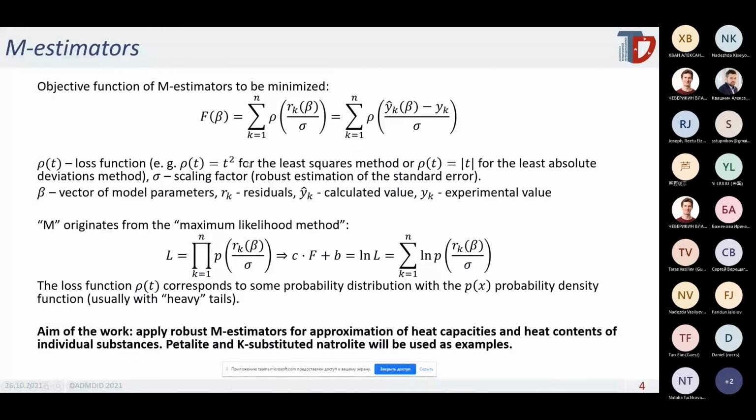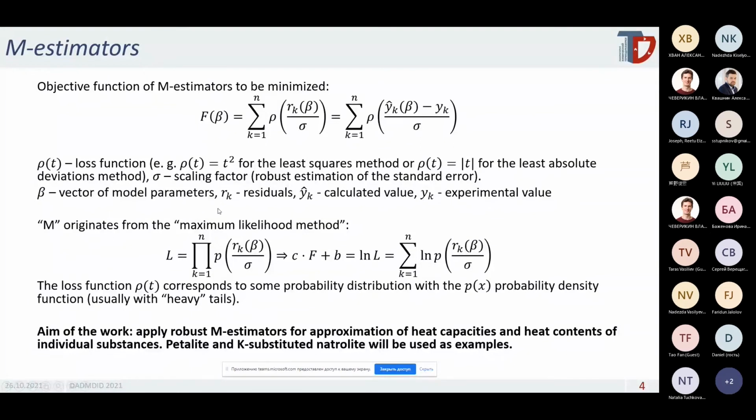Or we can take another function such as absolute value and obtain the least absolute deviations method. Sigma is a scaling factor. It's important for some loss functions that depend on the scale of our data. Beta is the vector of model parameters to be optimized.